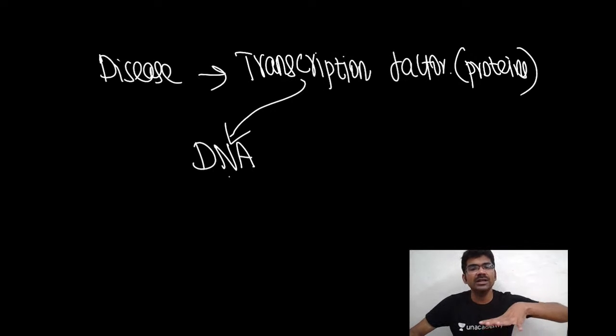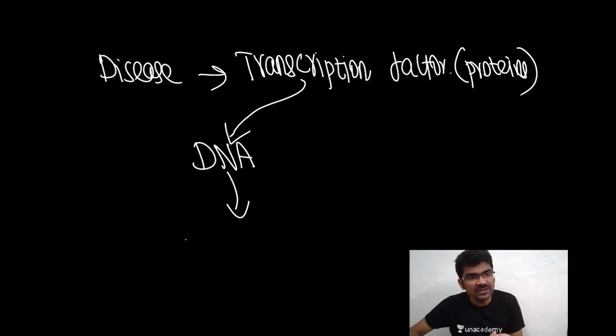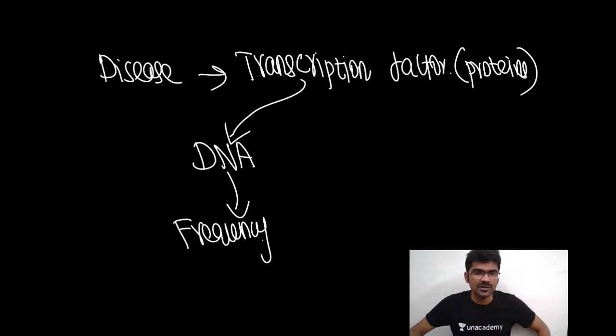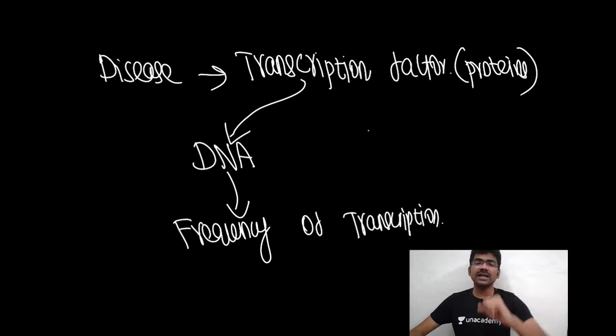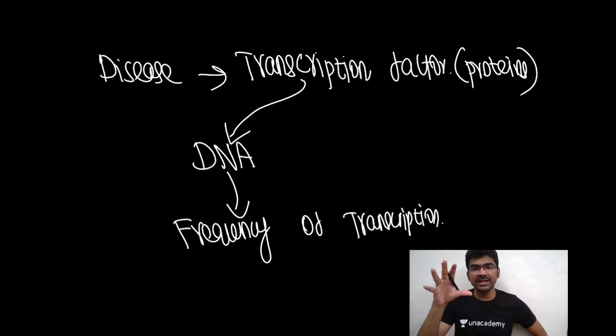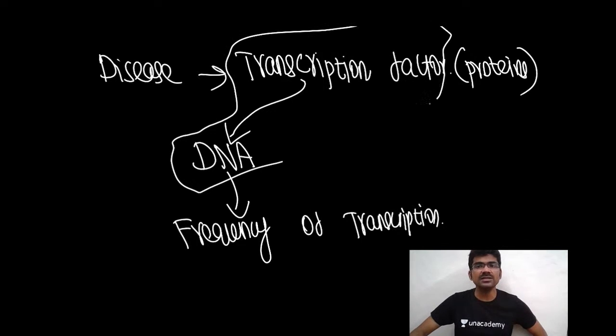Binding to the DNA, they modulate the frequency of transcription. You know this, right? So I will take a disease in which a particular transcription factor is affected. Then I will ask: which of the following techniques will help to find the interaction between DNA and this transcription factor?